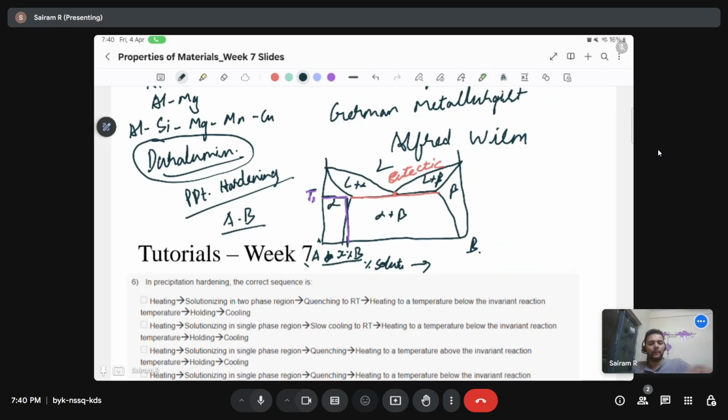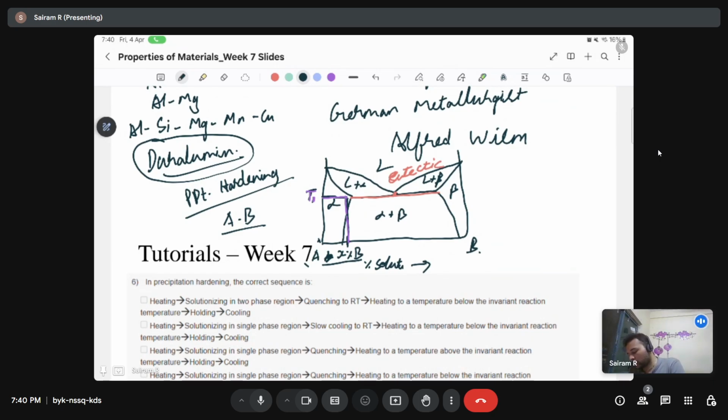Only when it crosses this solvus line over here are we going to have precipitates of beta forming in various locations in our alpha matrix, right? And then the second step would be optimizing the temperature at which we cool it down to, or hold it, so as to form the right size of beta precipitates.